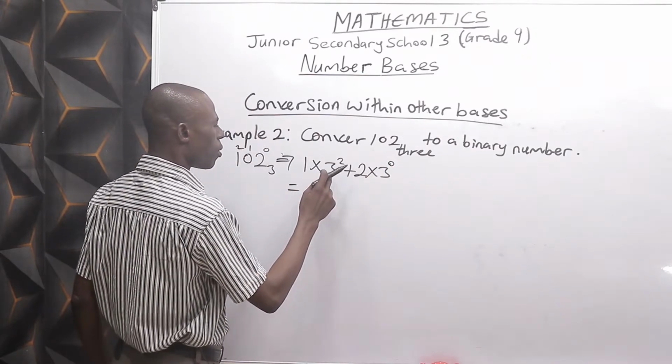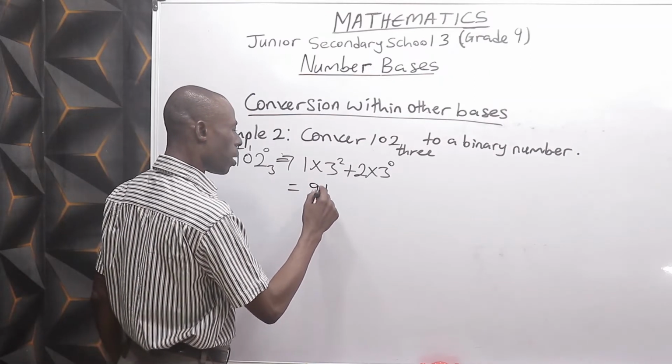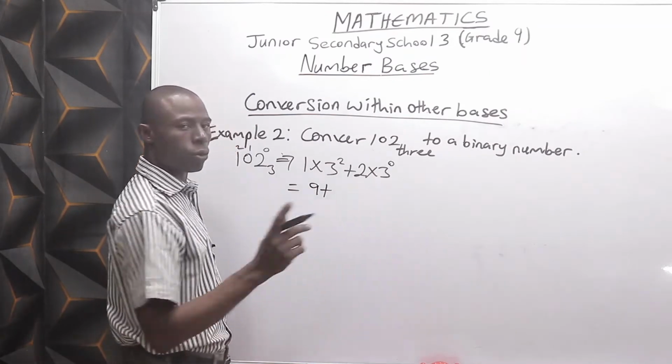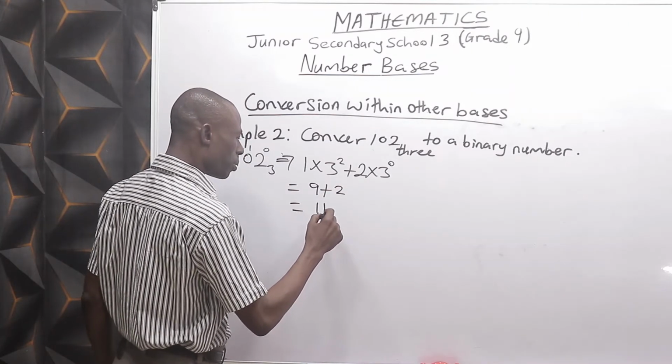So we have 3 raised to power 2, which is 9. 9 times 1 is 9 plus 3 raised to power 0 is 1. 1 times 2 is 2. Addition is 11 base 10.